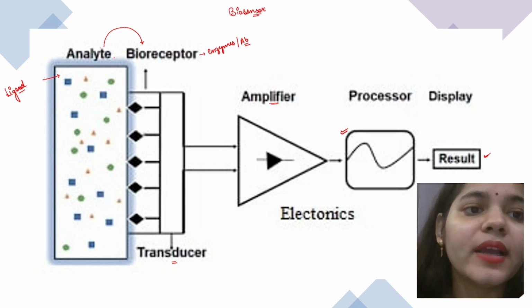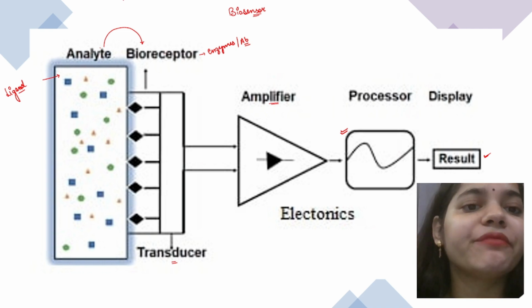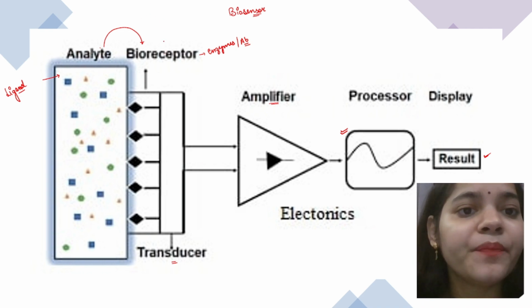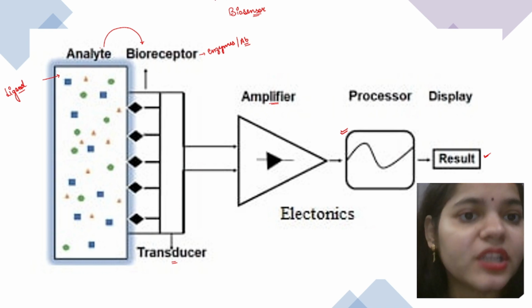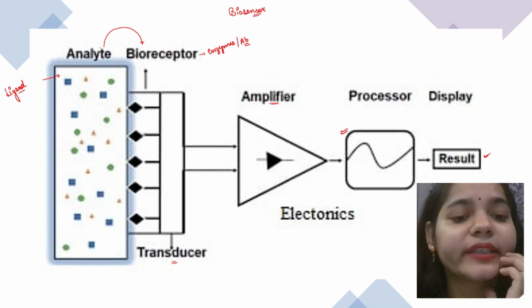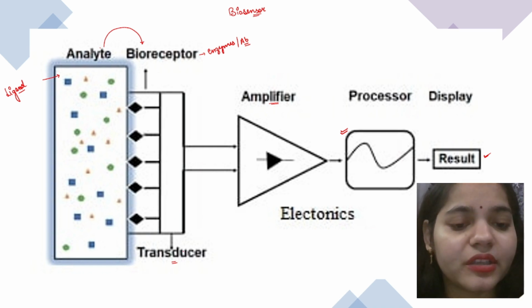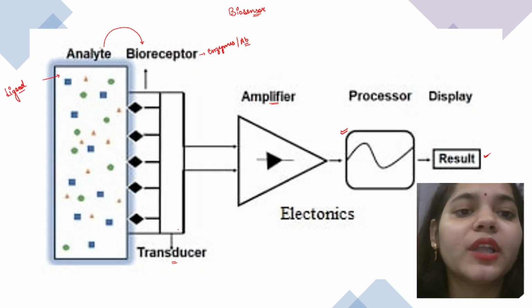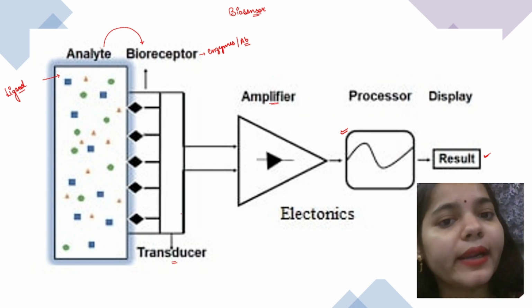The analyte acts as a ligand, and this ligand will bind to this receptor. Certain conformational changes will occur in the receptor, and these changes are detected with the help of the transducer, which converts the biological signal into an electrical signal.